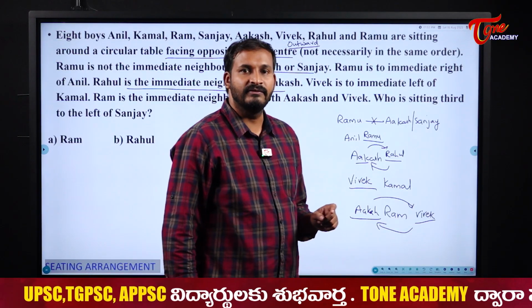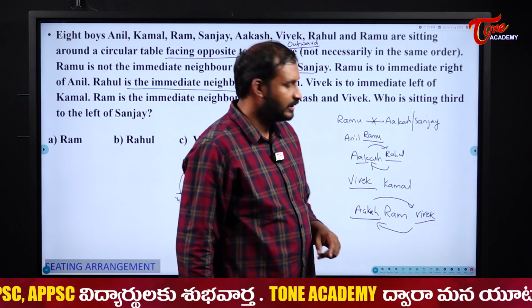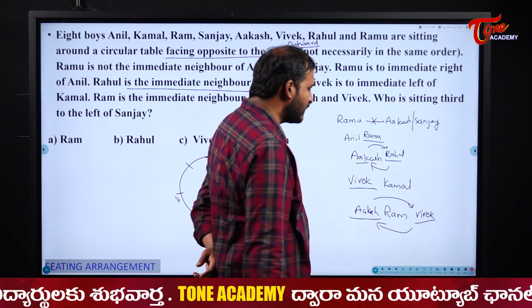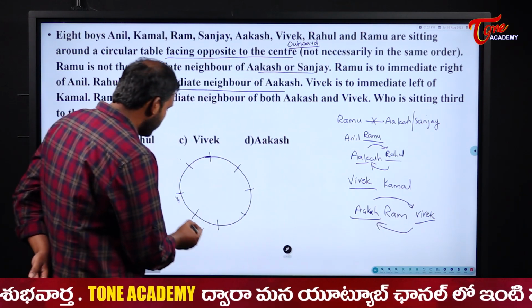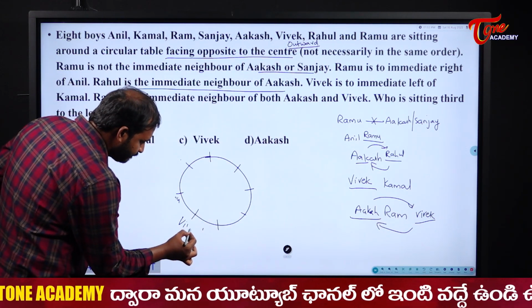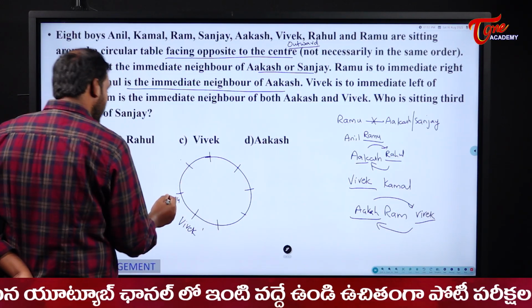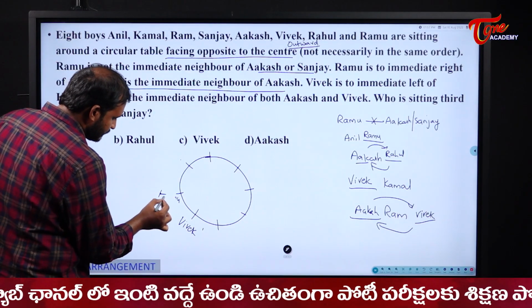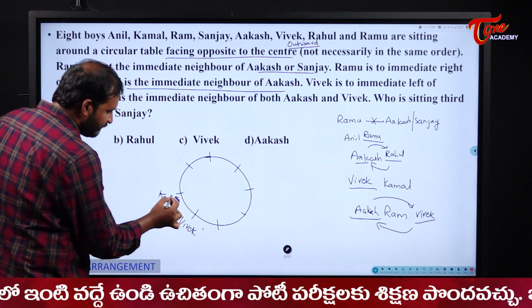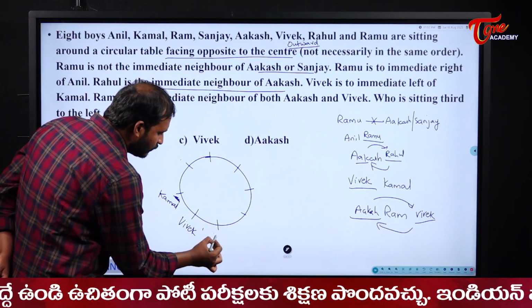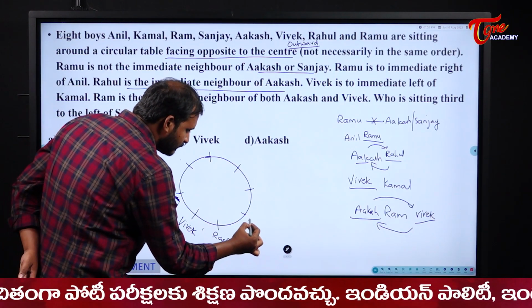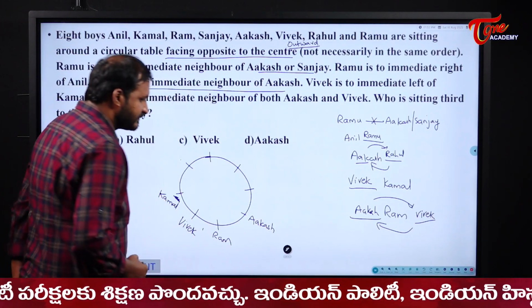So obviously Vivek's left will be Ram. I will put Vivek here. To its right I should have Kamal. Right means upward. If Kamal is here, then Ram will go here and Akash will go here.